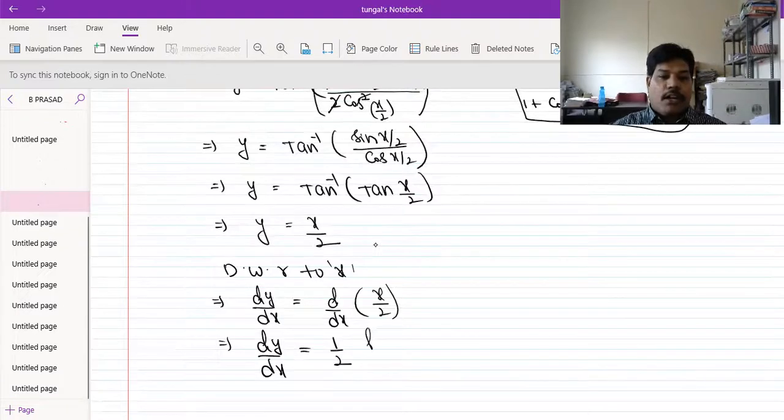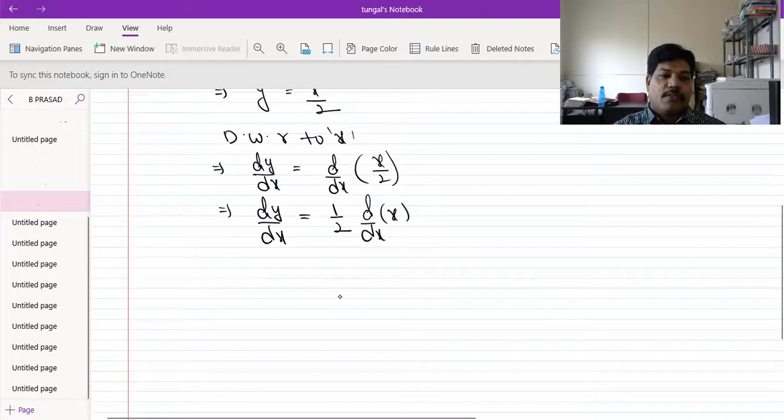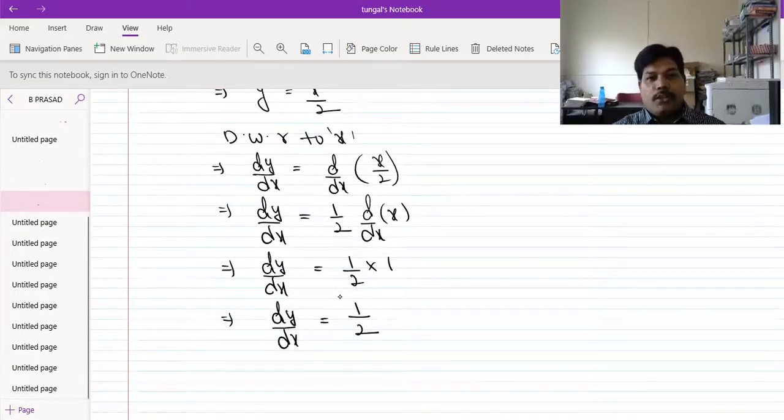You can take it out and differentiate the remaining function, that is the derivative of x. What is dy by dx, students? dy by dx is equal to 1 by 2 into the derivative of x, which is 1. So dy by dx is equal to 1 by 2.